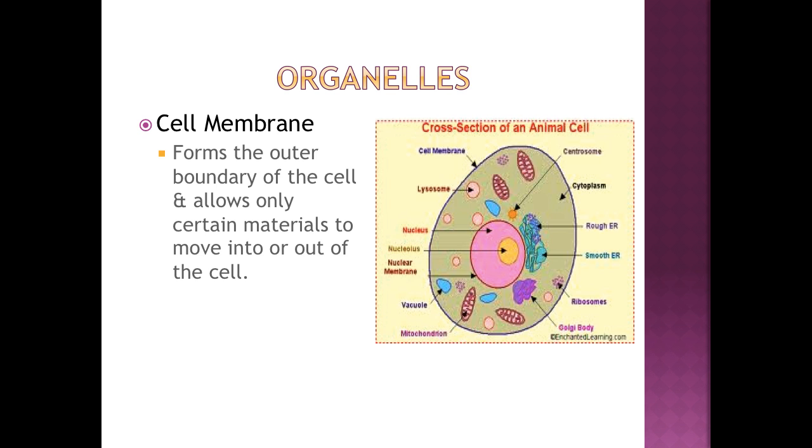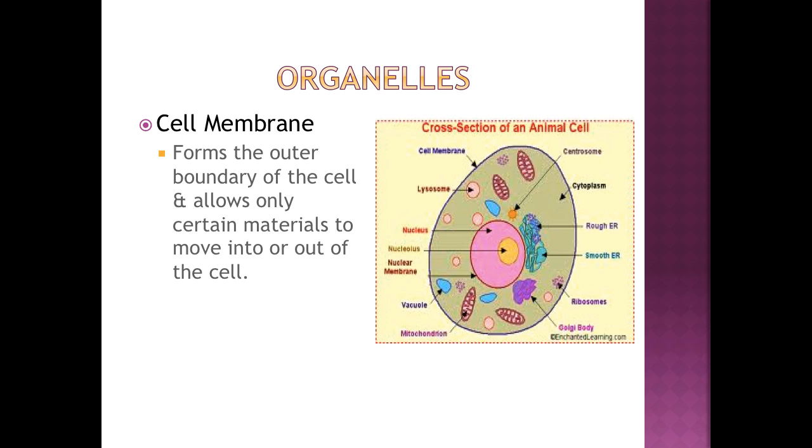Okay, we've talked a little bit about plant and animal cells as far as they are made up of many parts, many organs, as you could say. Just like humans, humans are made up of different organs that include the heart, kidneys, liver, etc. Well, so are plant and animal cells. They have different parts that make up those cells.